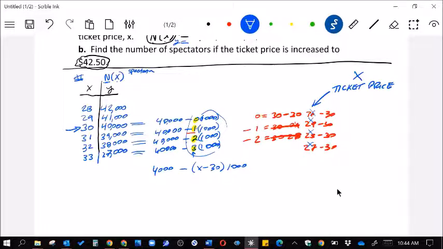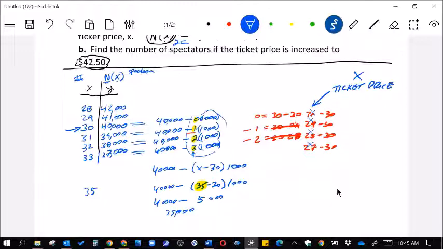Okay, so now let's say I do 35. 40,000 minus 35 minus 30 is 1,000. So I've put the ticket price in here of 35. Let's put those extra zeros in again. So that's 5 times 1,000, which equals 35,000 people.